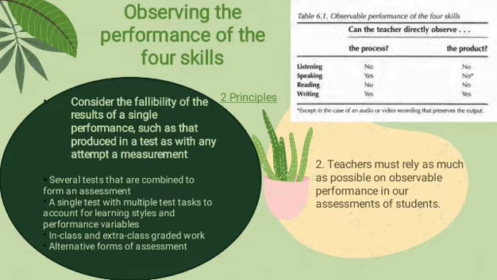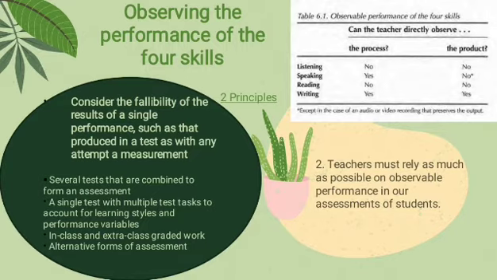In the case of the receptive skills, listening and reading, you can see on the table that it can be observed neither the process of performing nor a product, but the result in the form of spoken or written output. In other words, you cannot observe the actual act of listening or reading, nor can you see or hear an actual product. You can observe learners only while they are listening or reading.